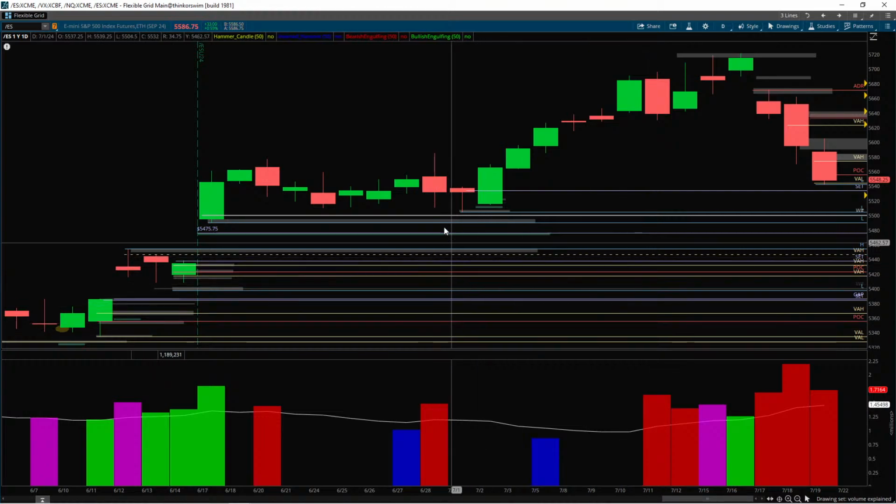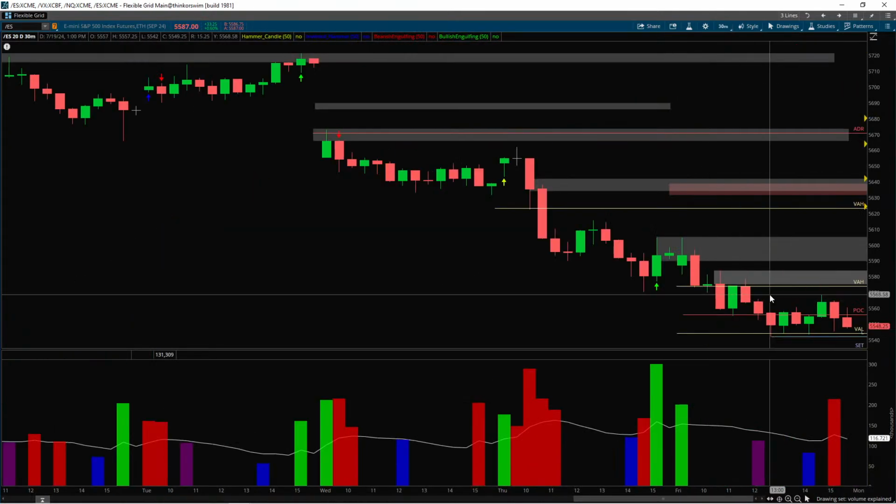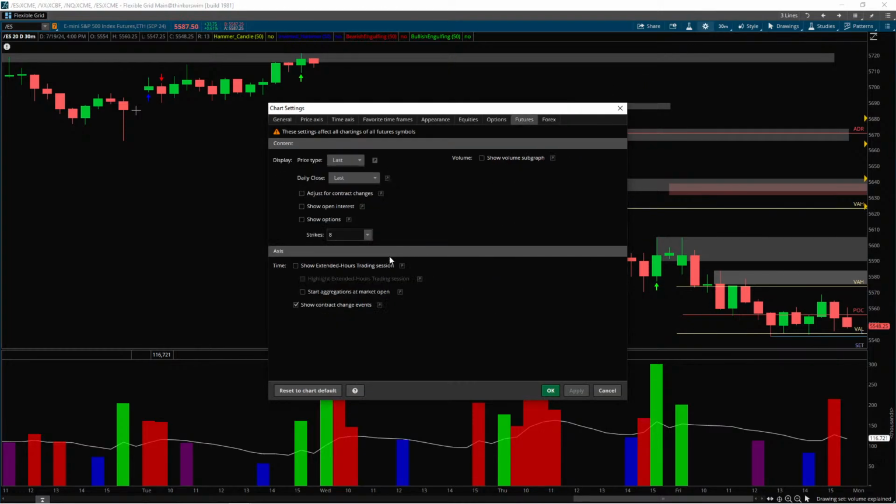Our next stop, we're even at it now, we have here, and then the gap fill. So we have a lot more potential downside to go through. But those are my levels with value area high and value area low.